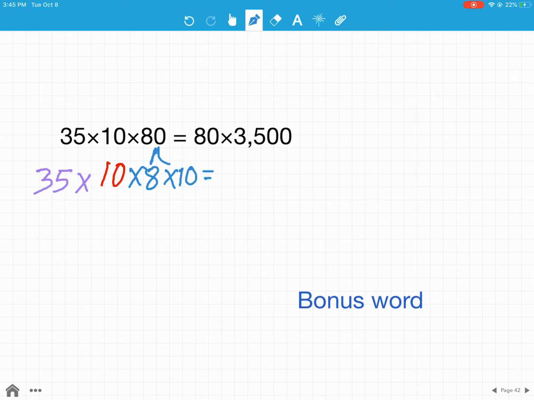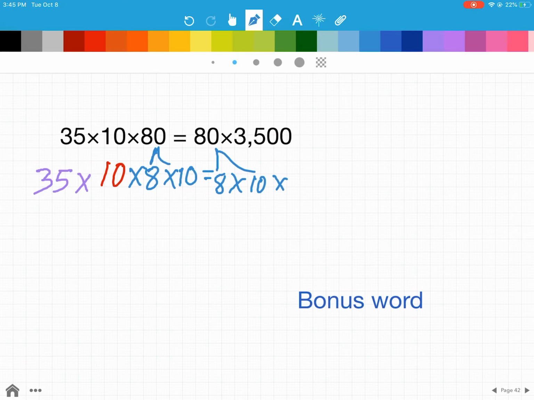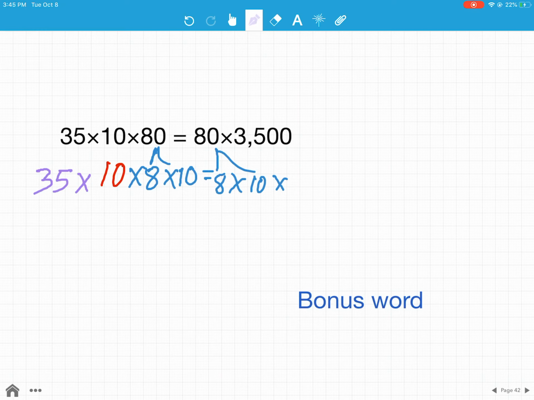And over here, you're going to see the same thing, 8 times 10. And then we're going to have a 35, so I'm going to go ahead and use this to show you my 35. And then we're going to multiply times 100, because we have 2 zeros here.